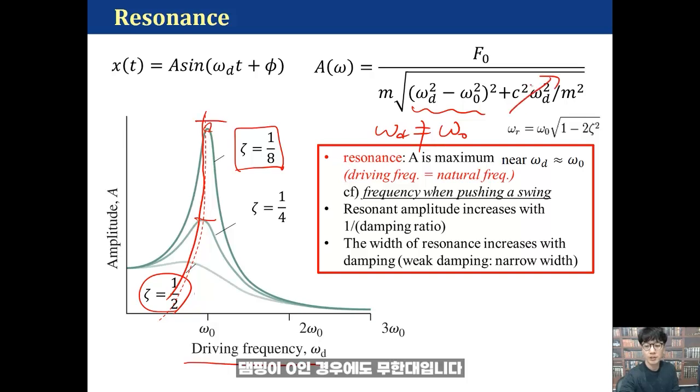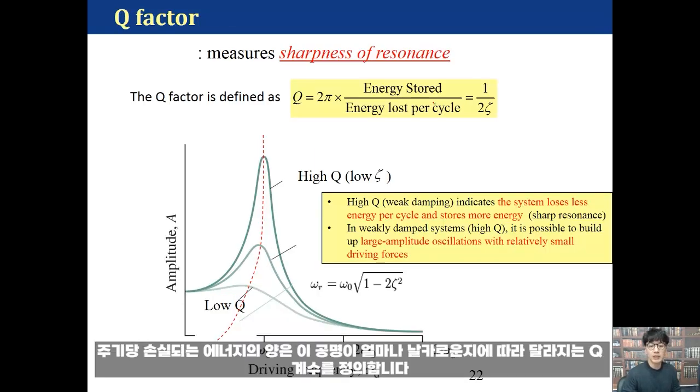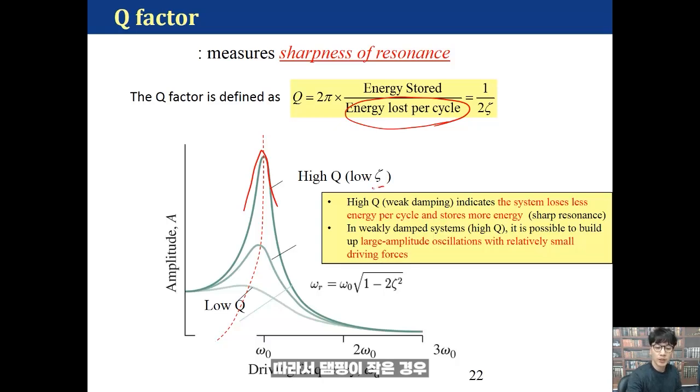Even when damping is 0, it's an infinite resonance. So the sharpness of resonance is measured by the Q factor. We define this Q factor. How much energy is lost per cycle depends on how sharp this resonance is. So when damping is small, then resonance becomes very sharp.